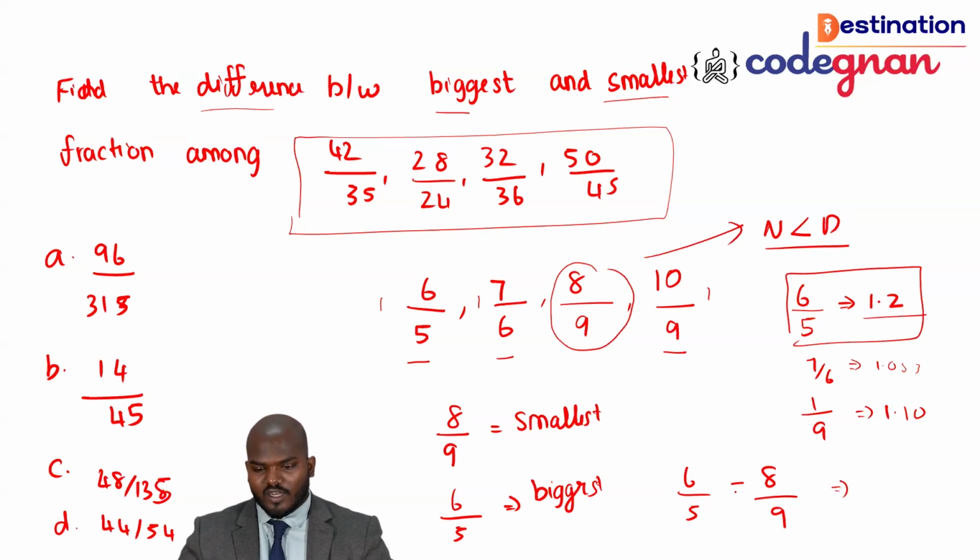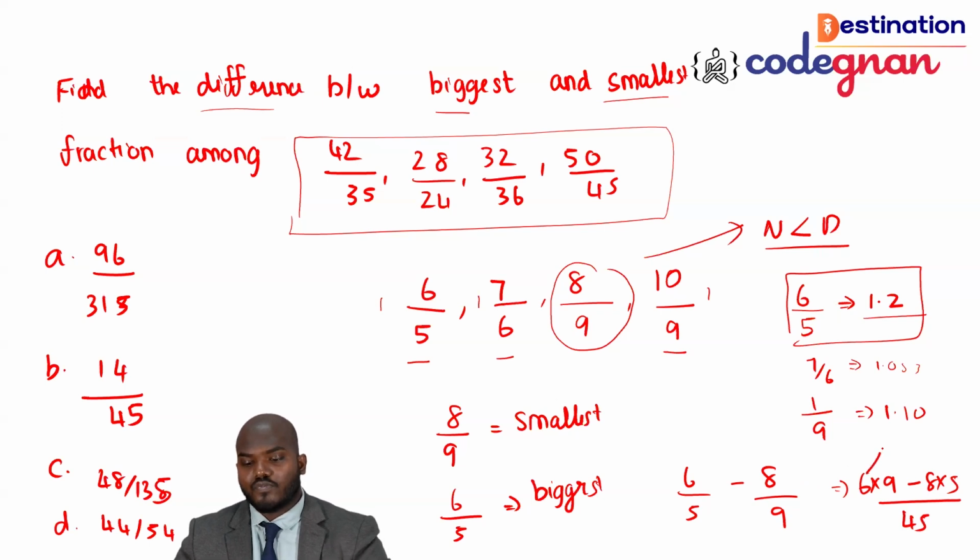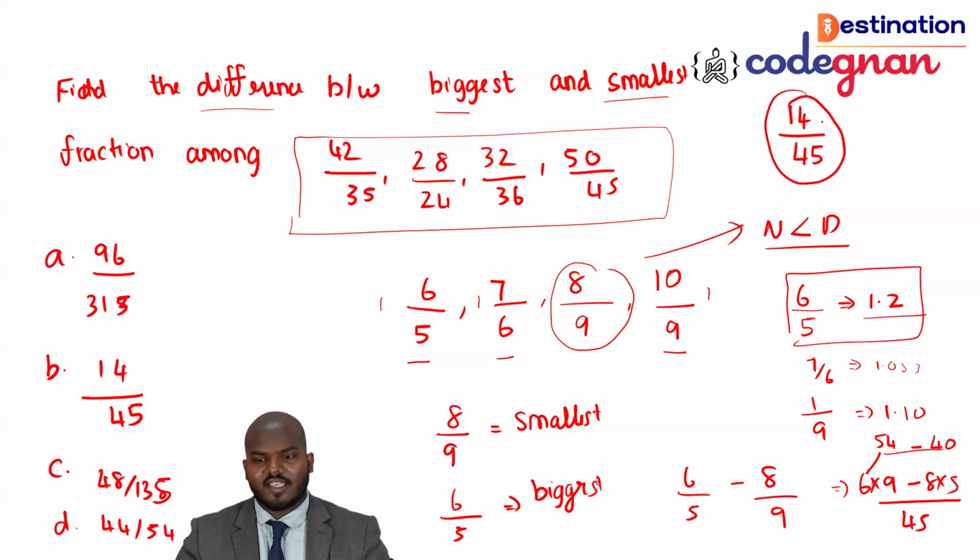So we multiply 9 times 6, minus 5 times 10... 9 times 6 is 54, minus 8 times 5, which is 40. 54 minus 40, we get the answer 14 by 45, the exact answer here.